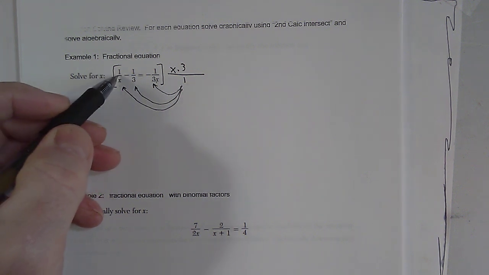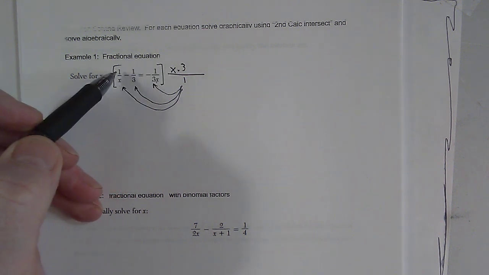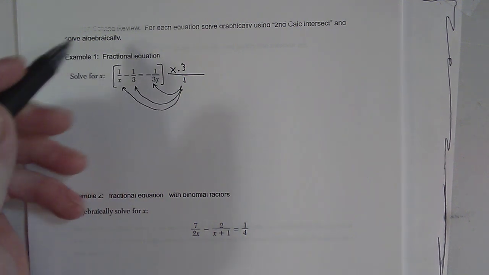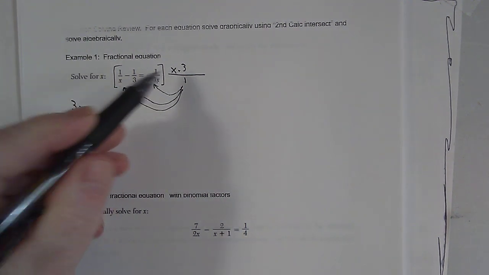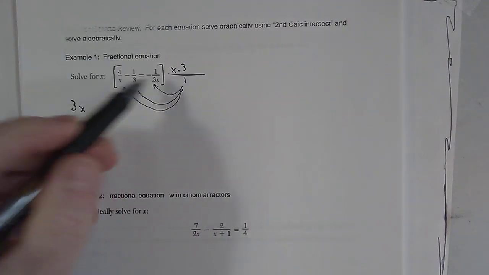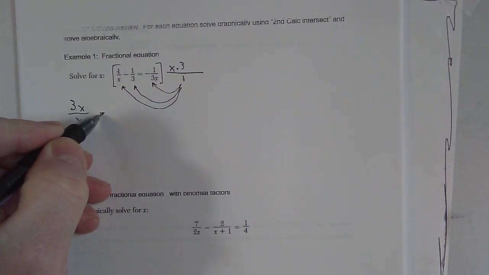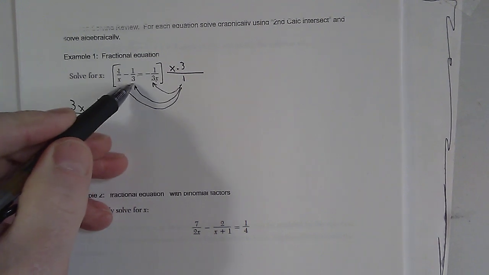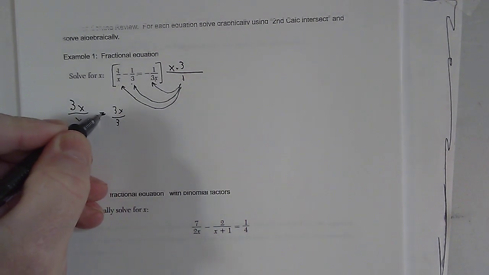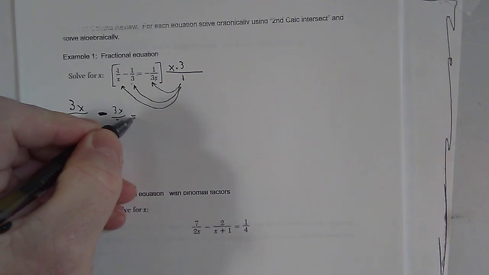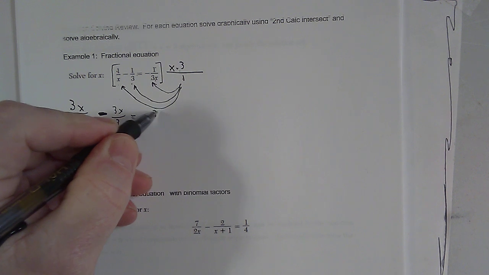Okay, so when you multiply a fraction by a fraction, numerators multiplied, denominators multiplied. So 1 times 3x, 1 times x is x, minus 3x over 3 equals negative 3x times 1 over 3x.